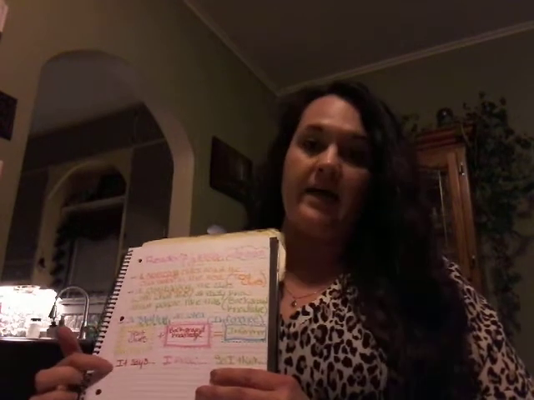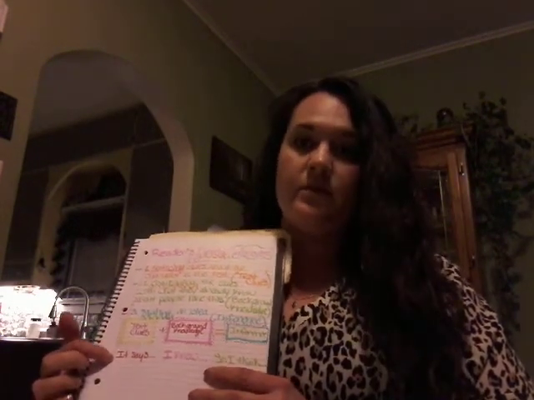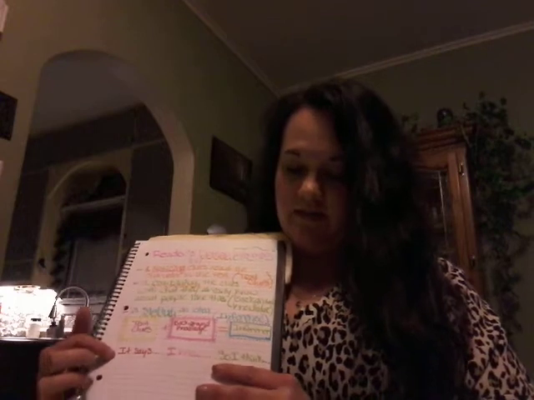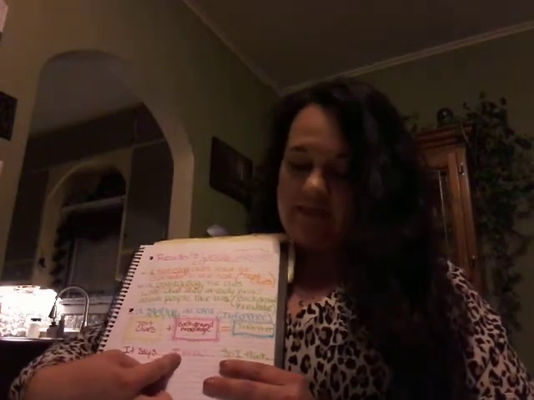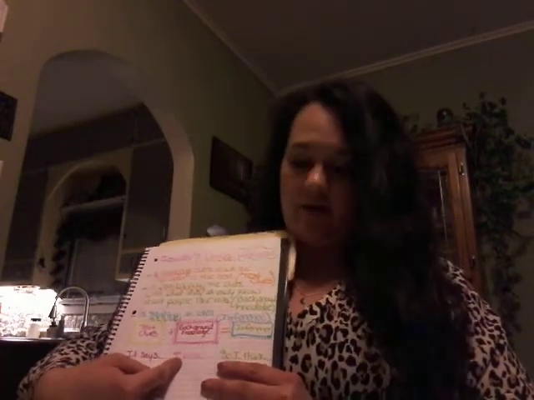So it says the text clues, our text evidence. It says I know, our background knowledge. So I think, which is going to be our inference. So you can figure out what a character is feeling or learn about the kind of person that a character is by relying on what you know about people in real life.